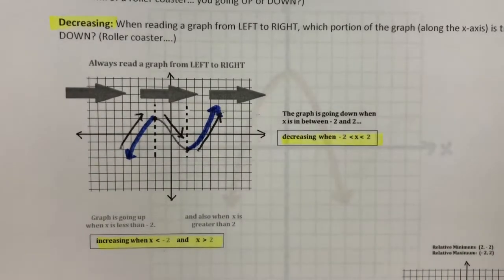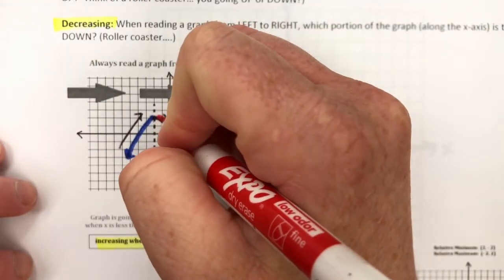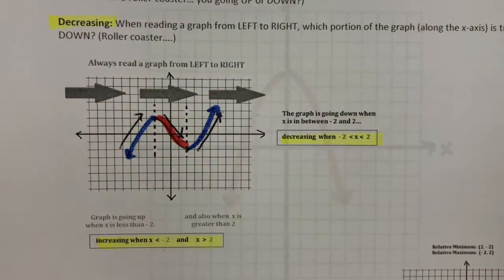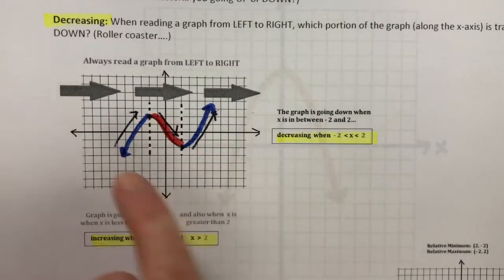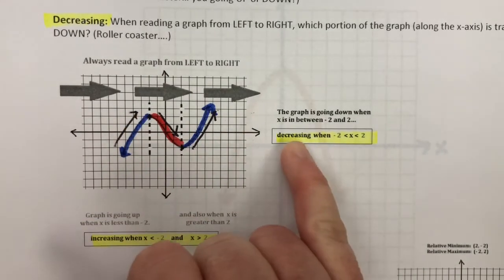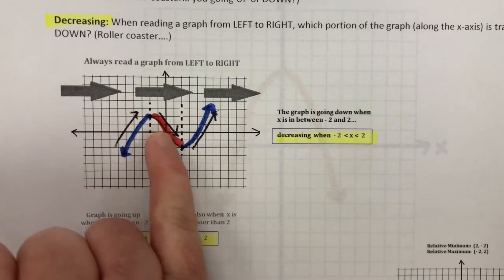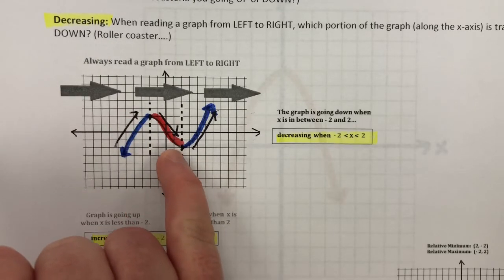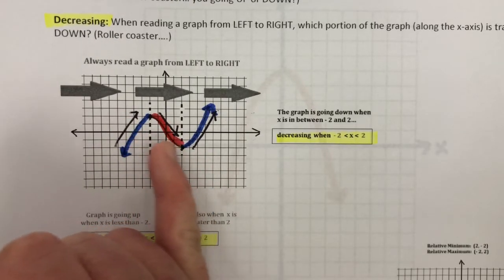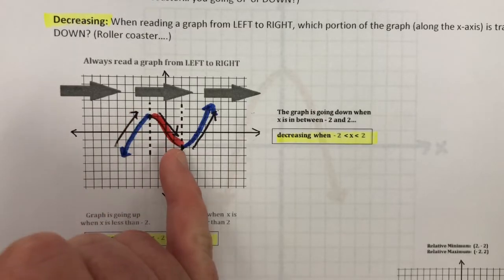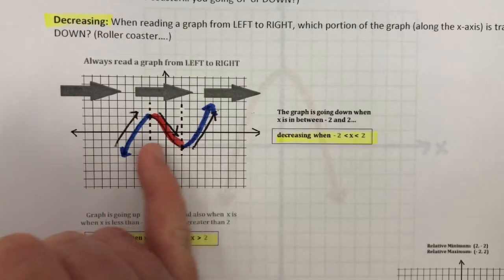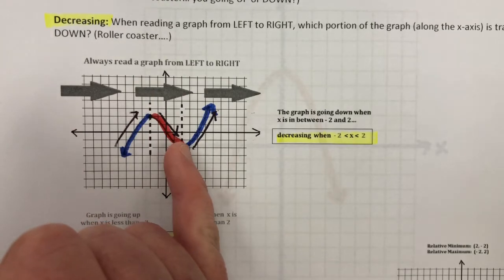Okay, so that leaves the middle. I'm not going up in the middle, right? I'm going down, I'm decreasing. So this portion right here is when I'm going down. It starts after when x is -2, and it stops when x gets to +2. So when x is anything in between -2 and +2, when my graph is in between those two points, it's going down.